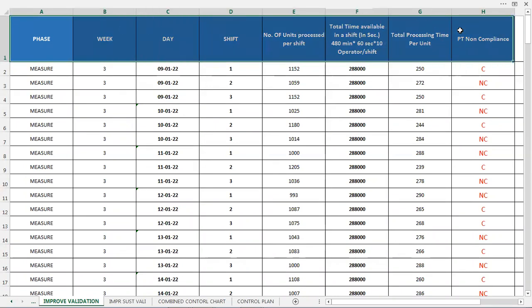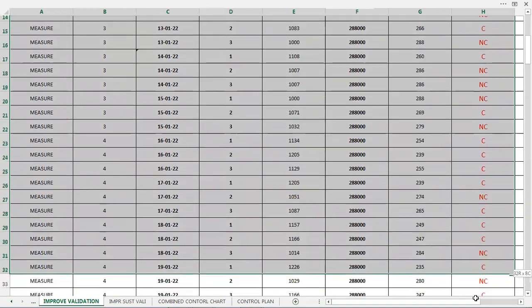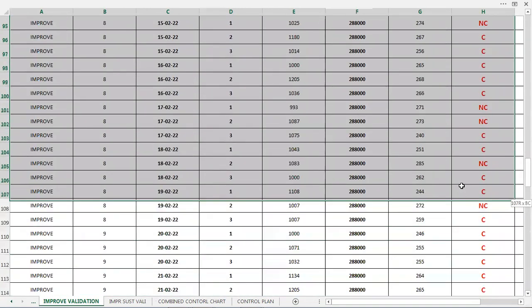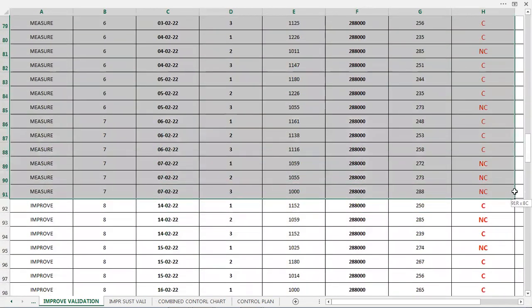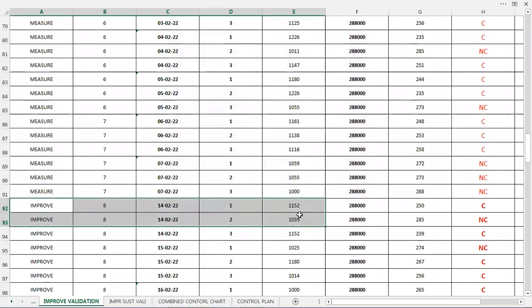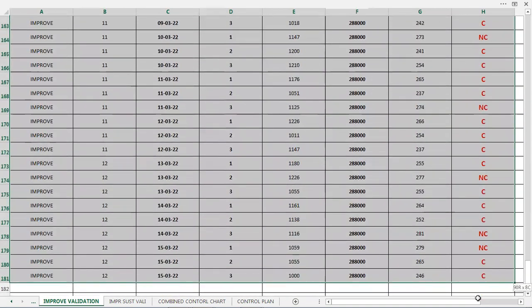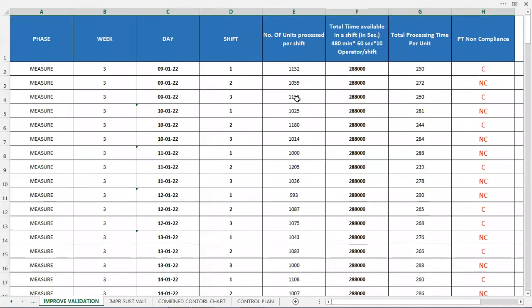So this is major phase data. We are clubbing those. So you could see over here, right? Here, this is the major phase data, and we pasted improve phase data below that because we're having the same number of columns, right? So we have this improve phase as well as major phase data.